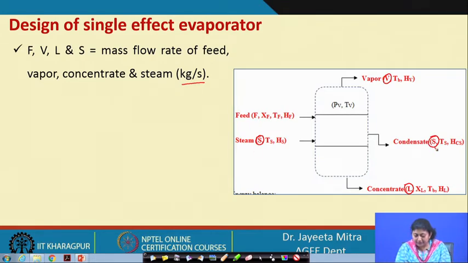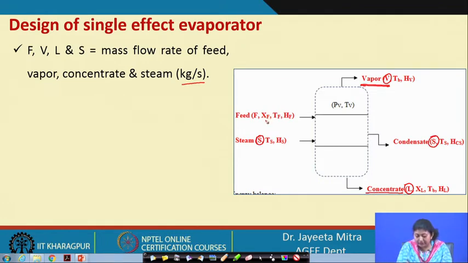So, we can observe that the same amount of steam that entered is coming out; only the latent heat of condensation is being provided across the heat transfer surface in the single effect evaporator. That heat is taken by the feed and the vapor V kg per second which comes out, and eventually the remaining stream becomes concentrated.